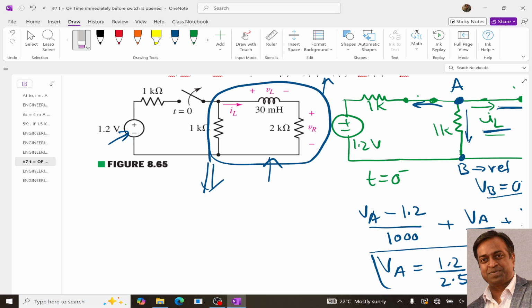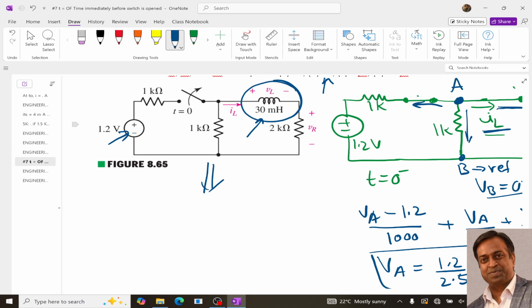But over here we have the inductor, and because an inductor has the power to store energy, and since current was passing through this inductor, it has stored energy. Once the switch is opened, the inductor is going to use this energy to carry on the current.